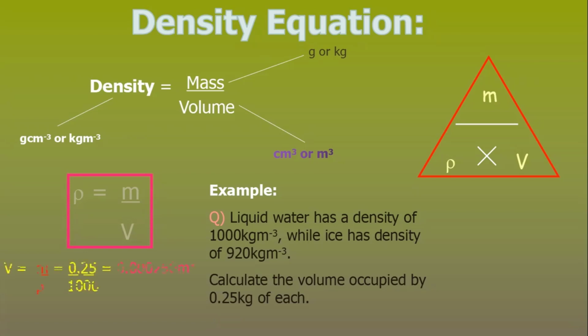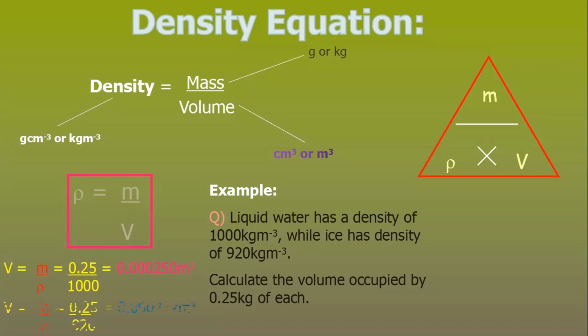First of all, we have said that volume equals mass over density, and the mass itself is 0.25. The volume will be 0.25 over 1000, which is 0.000250 cubic meters. That is the volume for the first one.